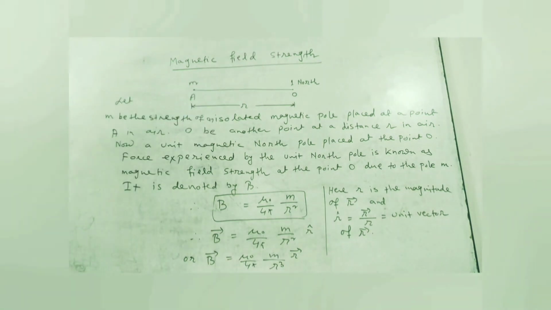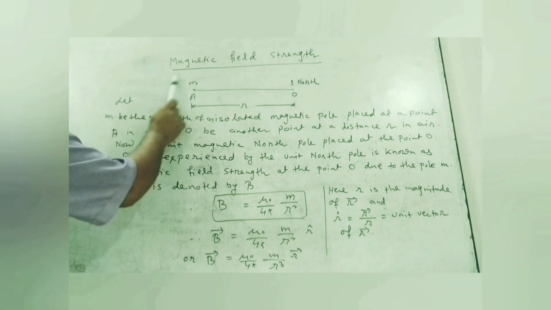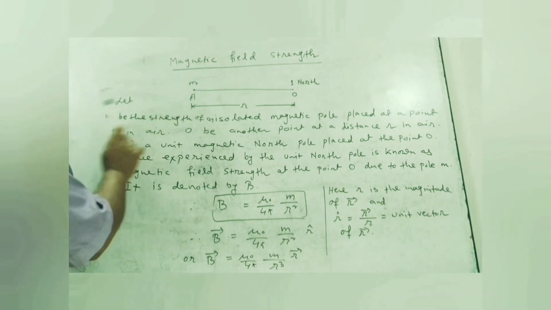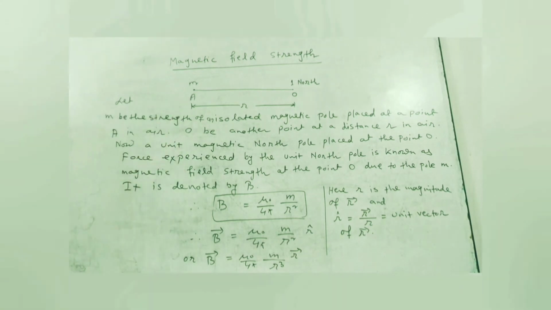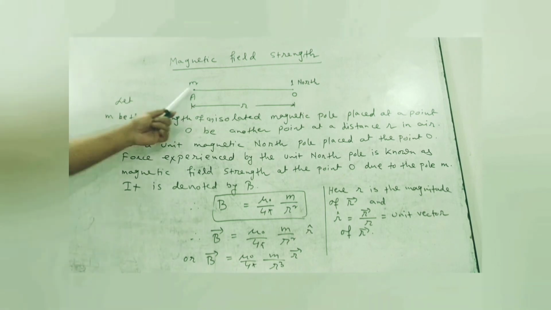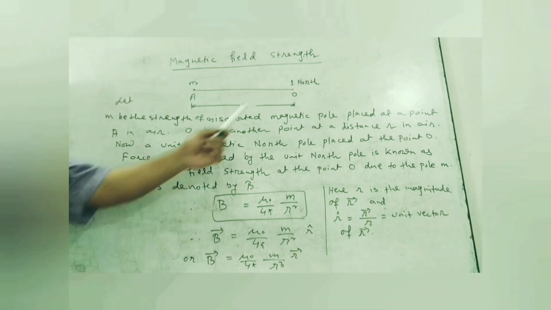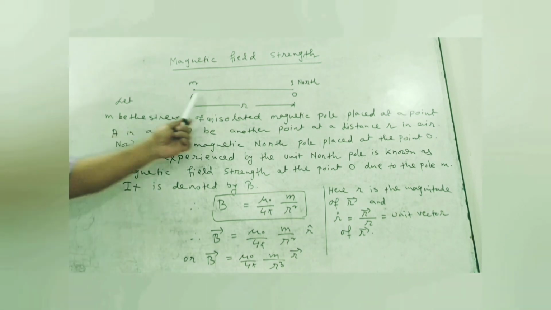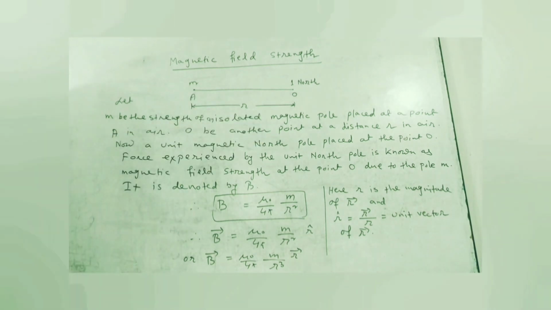Now magnetic field strength. Let an isolated magnetic pole be placed at a point A and its pole strength is m. O is a point in air at a distance r.